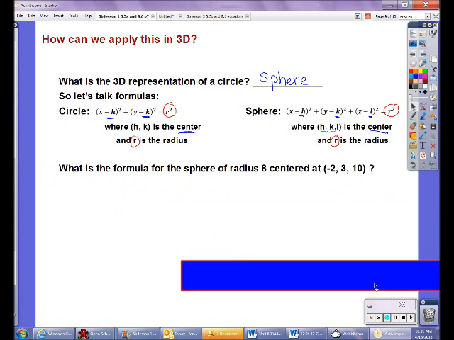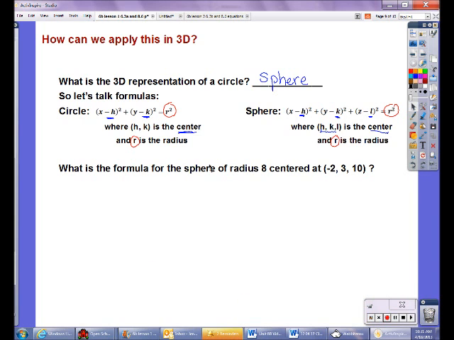Real simple example, and then I promise I'll let you go. What is the formula for a sphere of radius 8 centered at -2, 3, 10? Well, we start with our center. X minus, what's our x coordinate? -2.